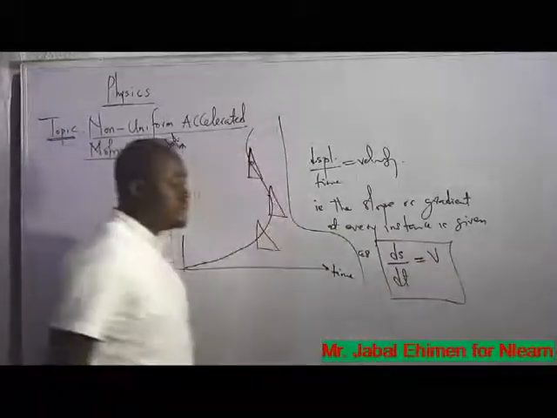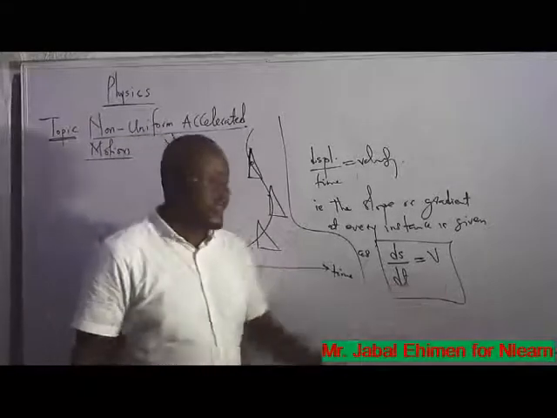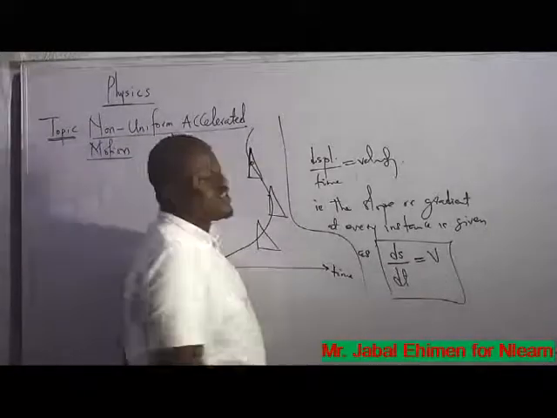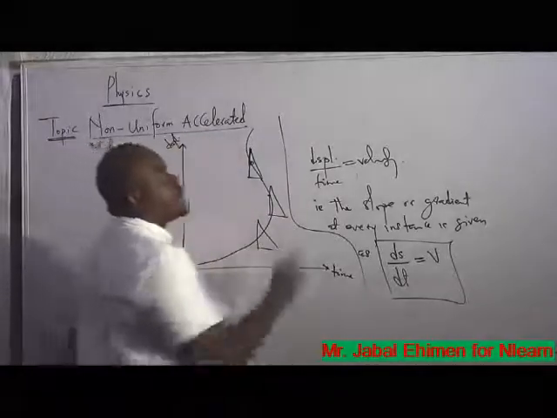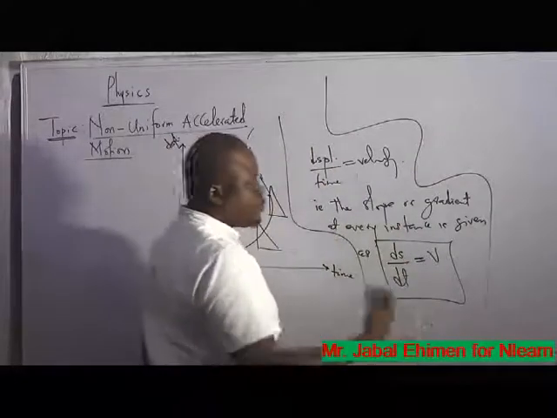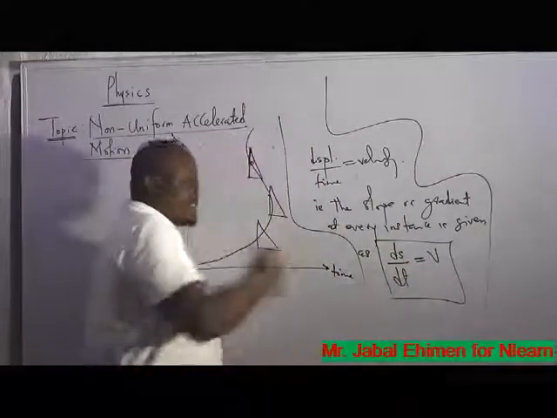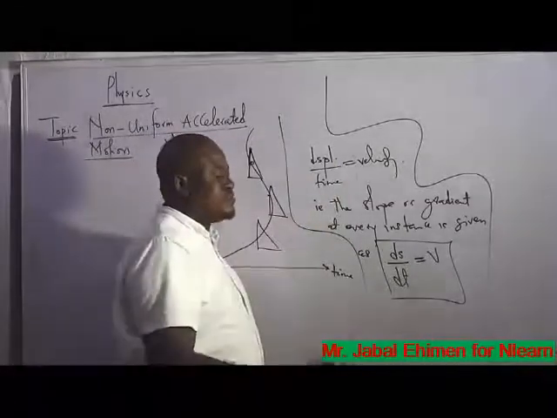Please take note of this. ds over dt is equal to v. What is v standing for? V stands for velocity.